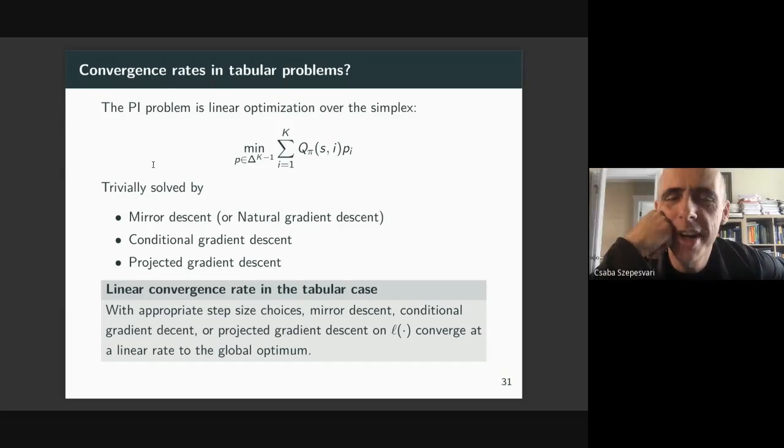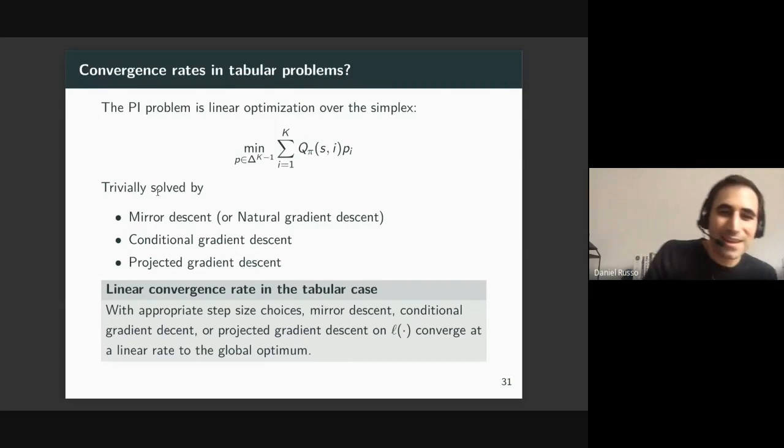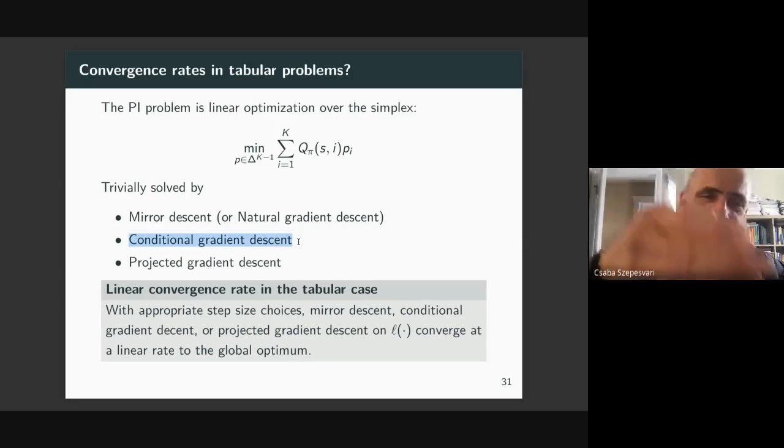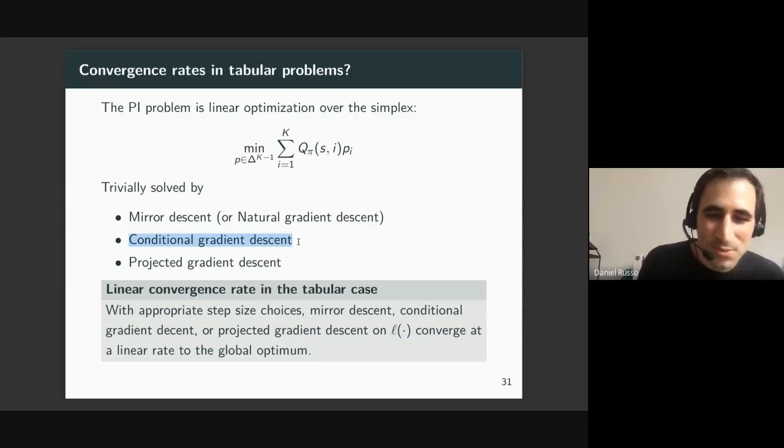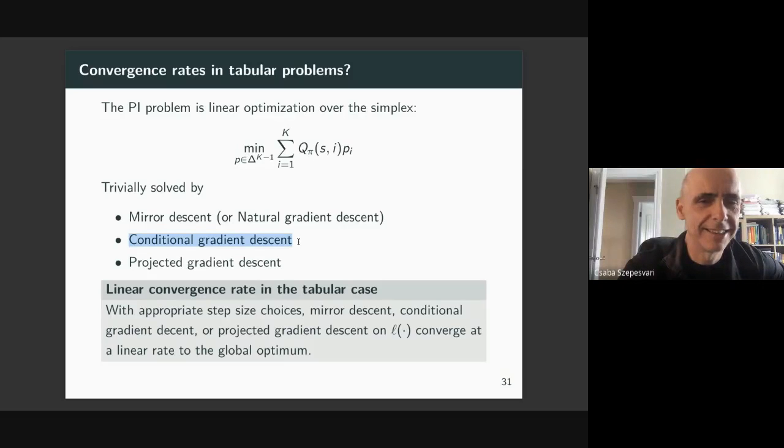To throw in more names, this is like Frank-Wolfe too. Yes, Frank-Wolfe. I don't know how widely this is known, but I think it's cool that Frank-Wolfe is policy iteration in this case. It's soft policy iteration. Yeah, it's pretty deep.